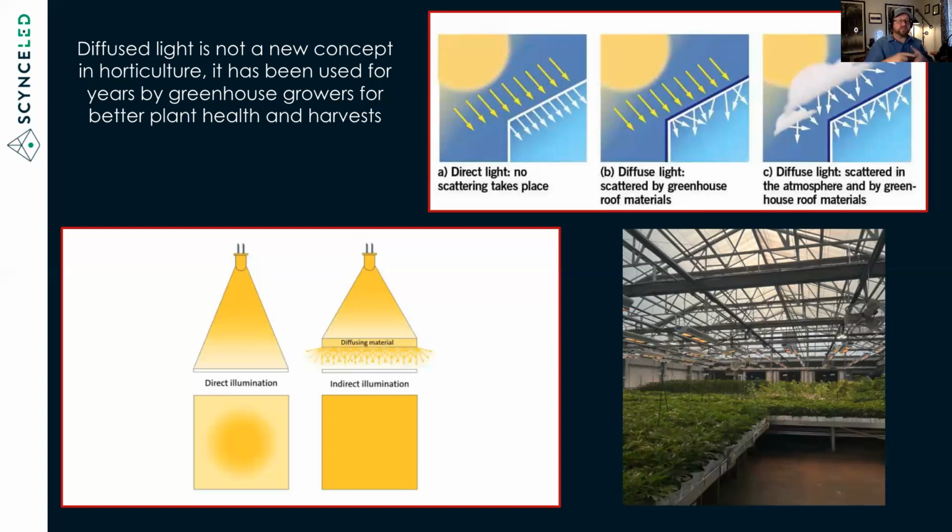Because as the diffuse light moves around the greenhouse and bounces around and ricochets inside this glass or plastic area, it gets inside the canopy. You can't stick your hand out and see a shadow because the light source isn't at a single point. It's coming from everywhere. So it's affecting the plants differently than a straight top-down application of lighting.